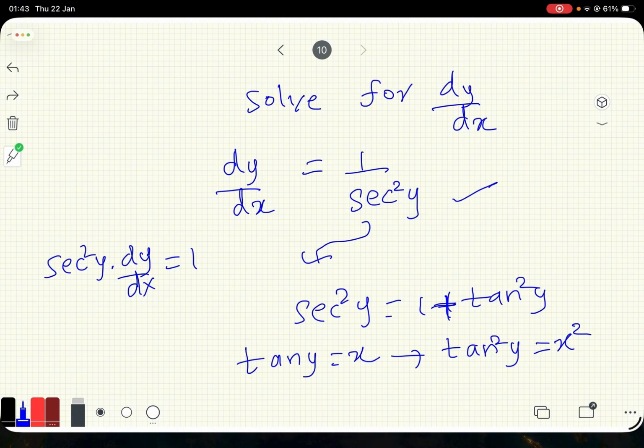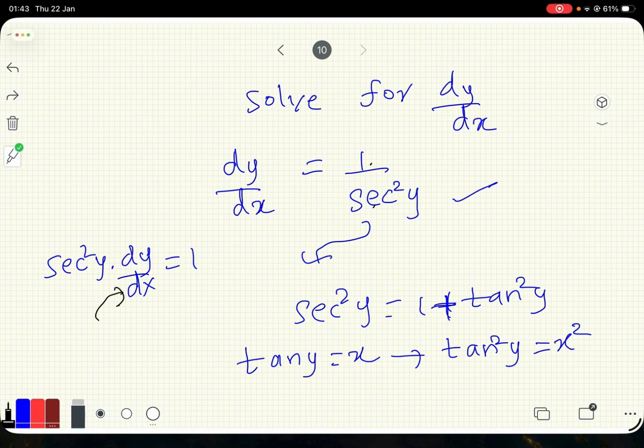So dy over dx is 1 over sec squared y, which is 1 over 1 plus tan squared y, which is 1 over 1 plus x squared.